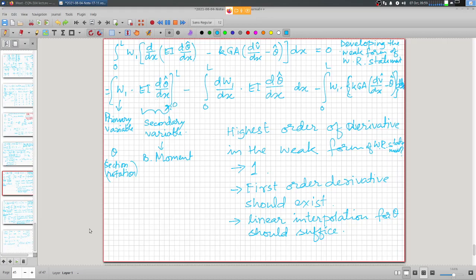So this will evaluate to minus EI dtheta/dx at xi, minus the integral from xi to xj, the element coordinates, of dNi/dx multiplied by EI d/dx of the approximation for theta hat, N1 theta 1 plus N2 theta 2.